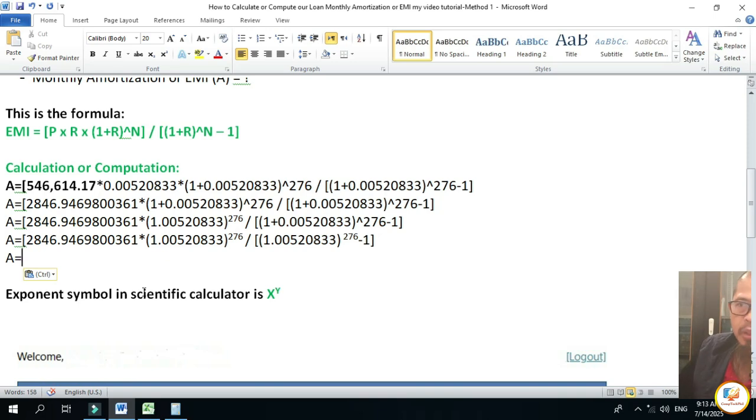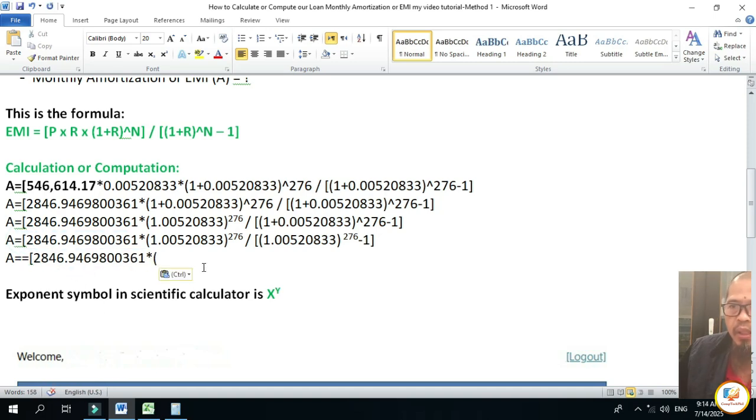But first, before we multiply this one, you have to take the answer of this 1.005208, the exponent of this 276. So we're going to distribute again. We're going to substitute here.